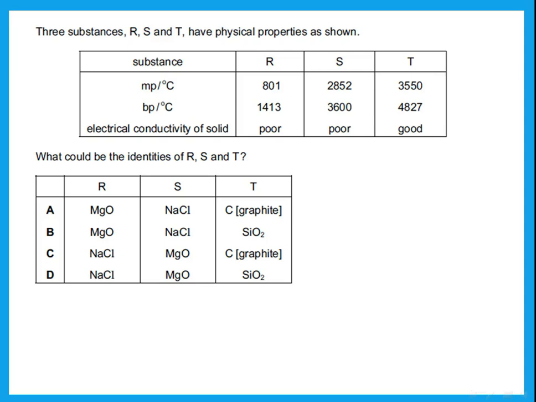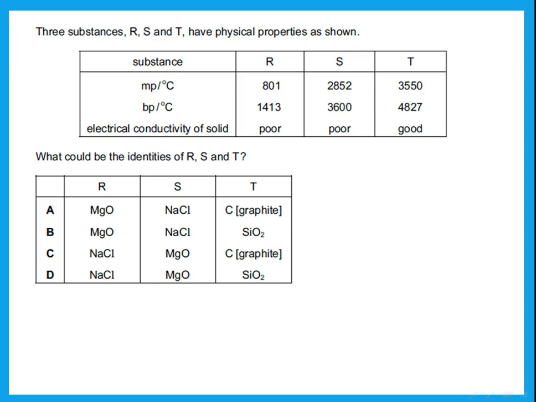So magnesium oxide has magnesium with +2 and oxygen with -2, while NaCl has Na with +1 and the Cl is -1. So the one that has higher melting point should be magnesium oxide. So S should be magnesium oxide and R is sodium chloride. So my answer is C or D.